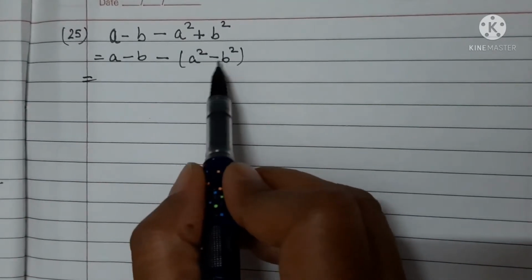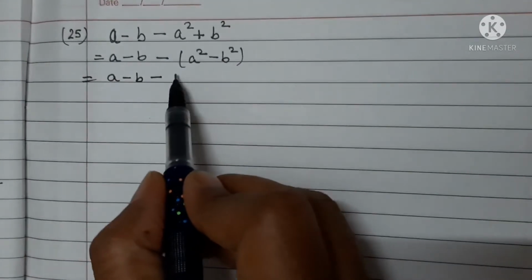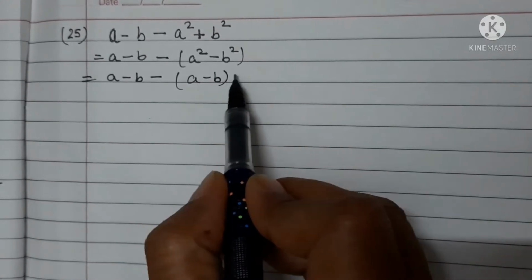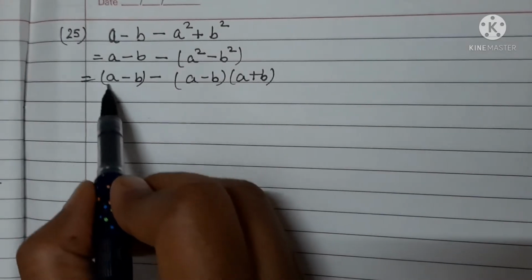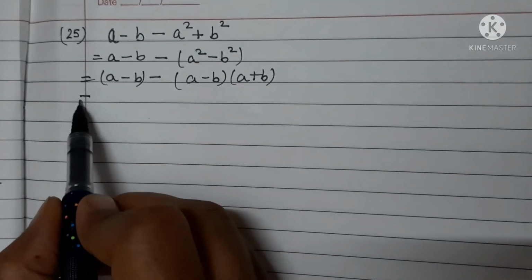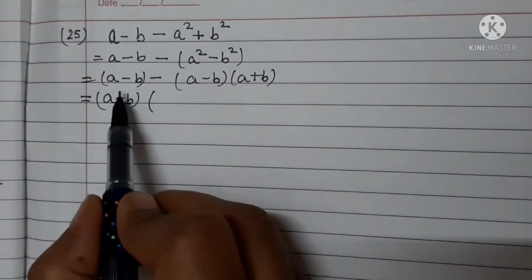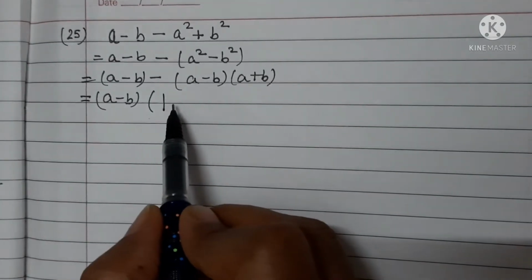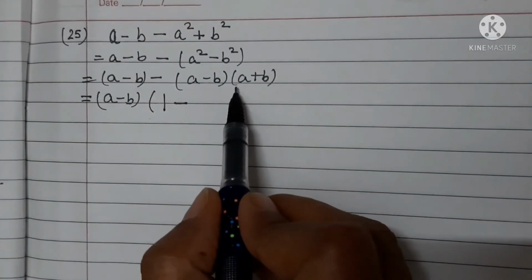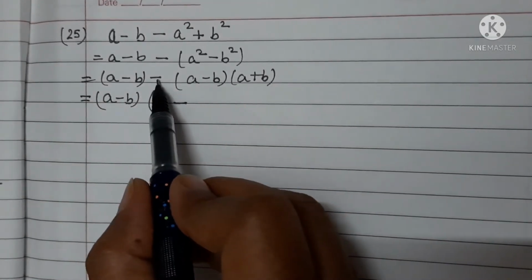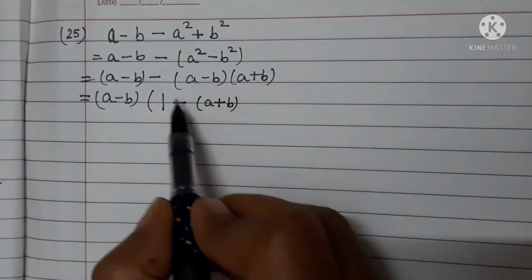So write down here a minus b, and take minus common, so it will be a square minus b square, and you can break it using the identity a square minus b square. A minus b minus (a minus b)(a plus b), and take a minus b as common factor. Put these two in the bracket. So a minus b as common, and in the bracket you will write 1 minus, taking the minus outside, and in the next step you can multiply the minus sign.